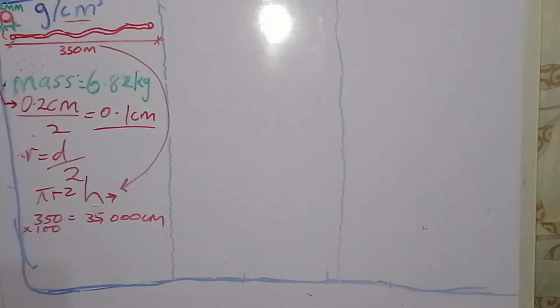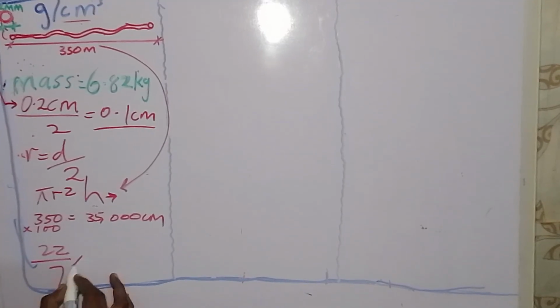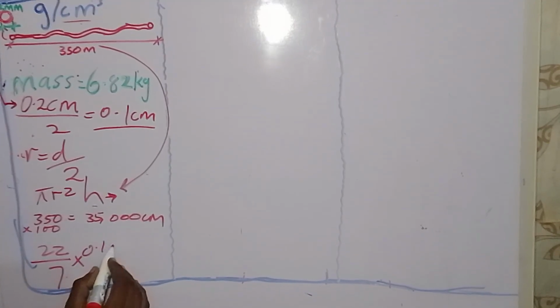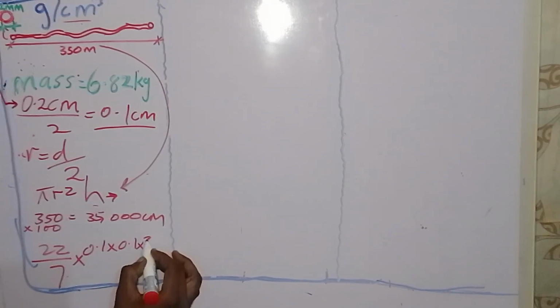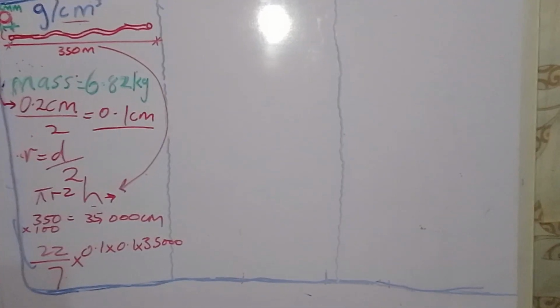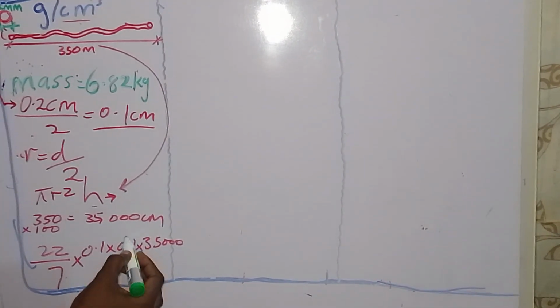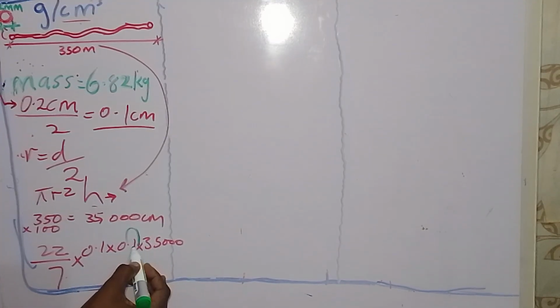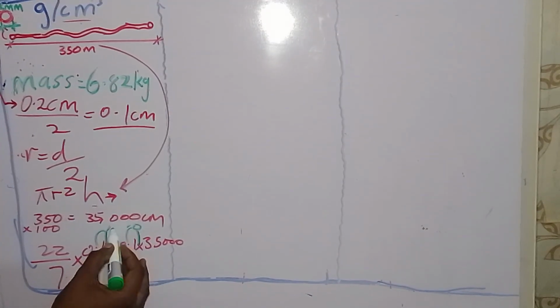And applying the formula, pi r squared h, that's 22 over 7 times 0.1 times 0.1 times h, 35,000 centimeters. Remember that 0.1 to 1 decimal place is times 10, another times 10, so times 10 times 10 is 100.